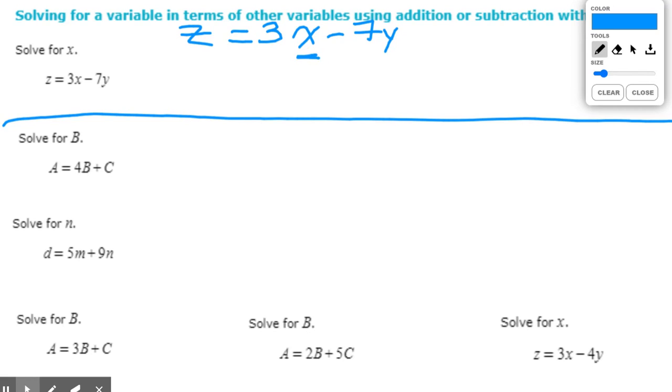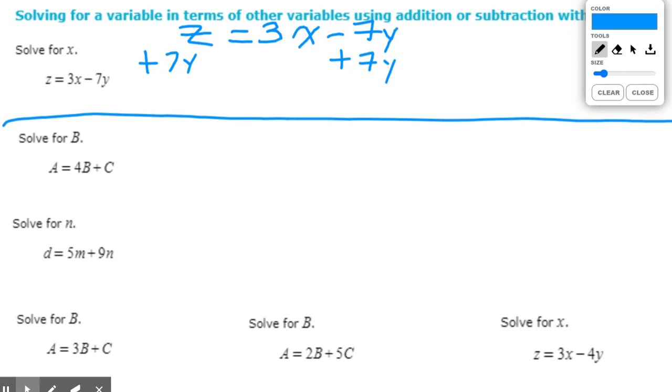Now, before we can solve for this term, we first need to get rid of this term. So what we're going to do to get rid of that term, since we have a minus 7y, is add 7y to both sides.